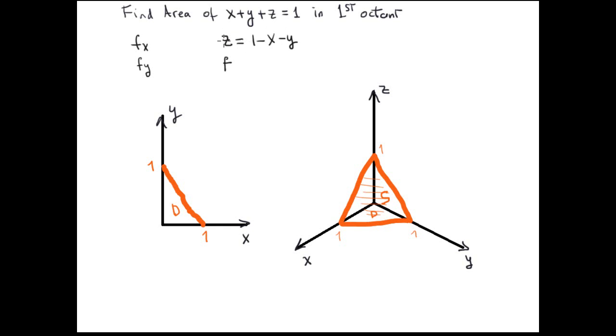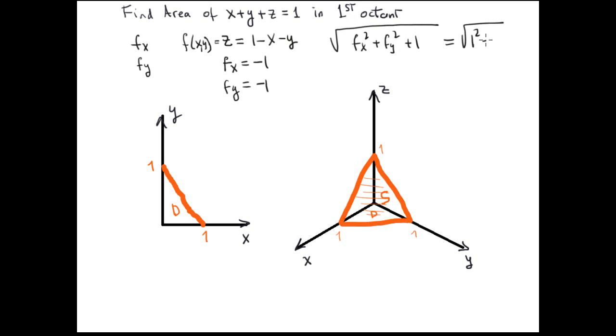This is f of x comma y, and the derivative with respect to x is -1, and with respect to y is exactly the same, -1. And when you take the square root of f_x squared plus f_y squared plus 1, it gives me the square root of 1 squared plus 1 squared plus 1 squared, which is radical 3.